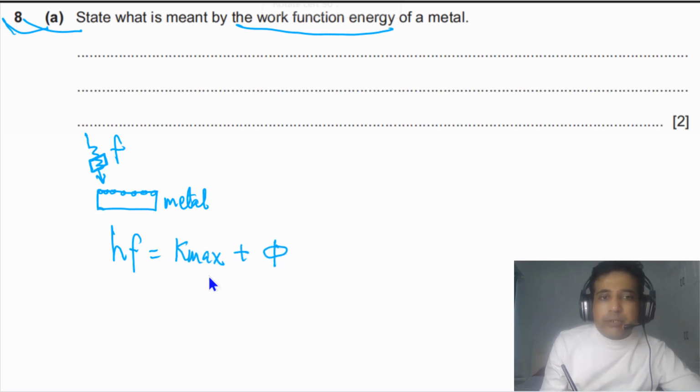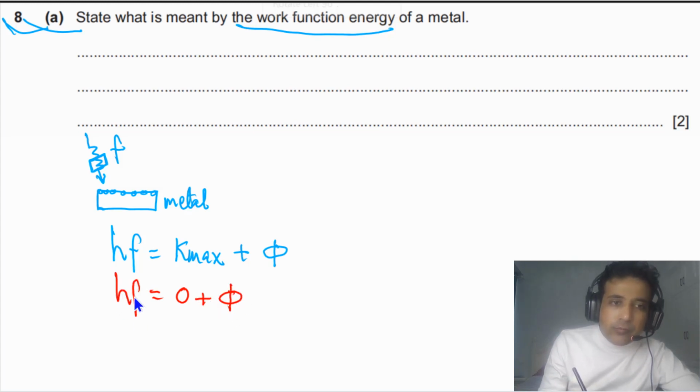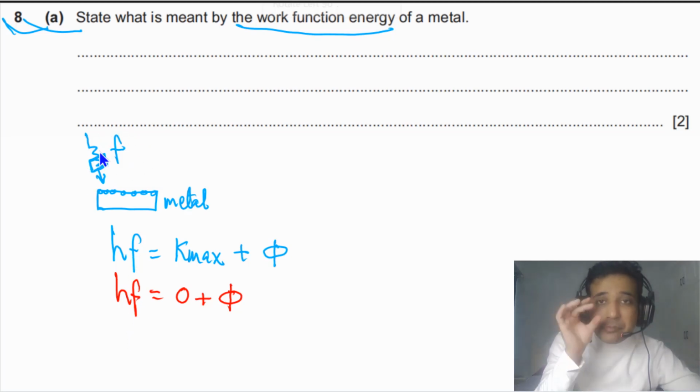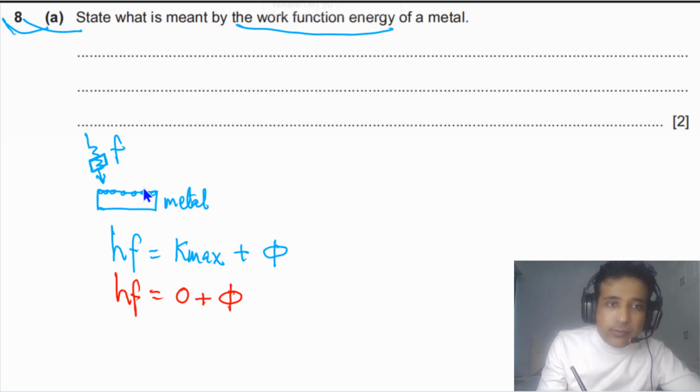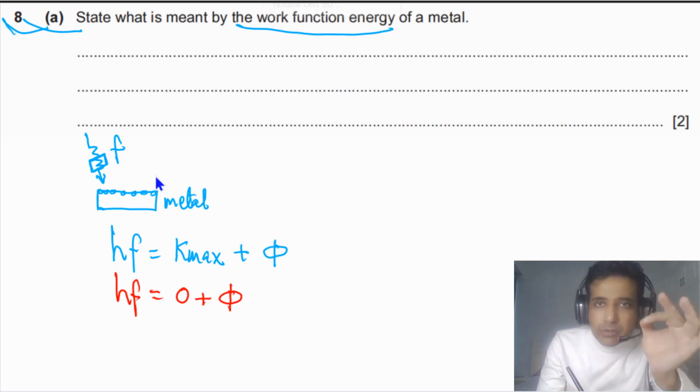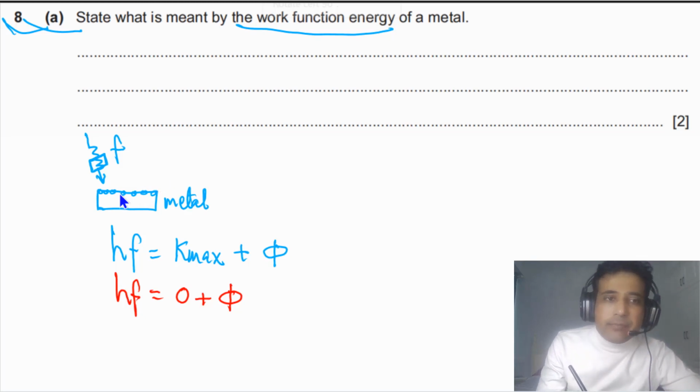Now in this case, if kinetic energy maximum is equal to 0, then energy of the photon is equal to the work function, and that is the minimum amount of energy we need to release an electron from the surface of the metal with 0 kinetic energy. That minimum energy we call the work function. So we can also say hf0.